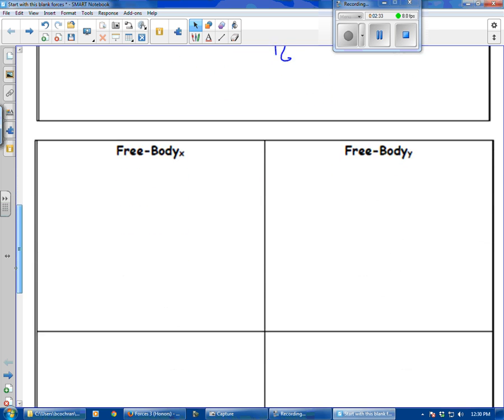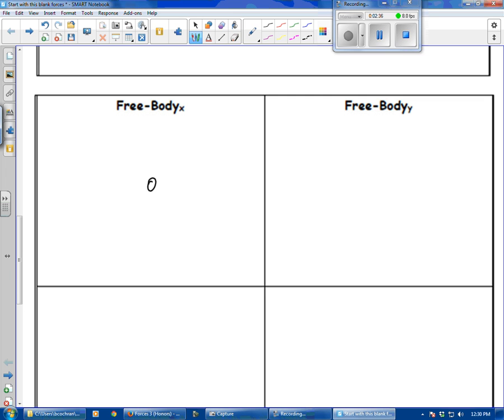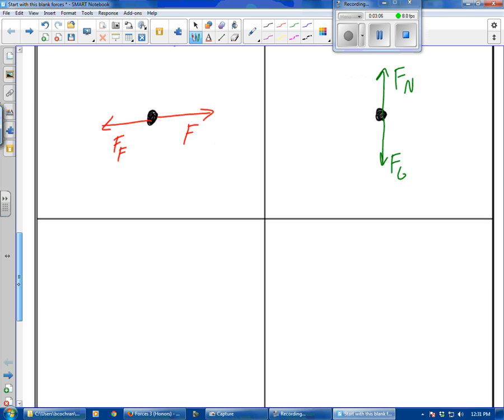So from here, free body in the X: F sub F, F sub G, F sub N. Sum of the forces in the X is MAX, and in this first case it's not accelerating.